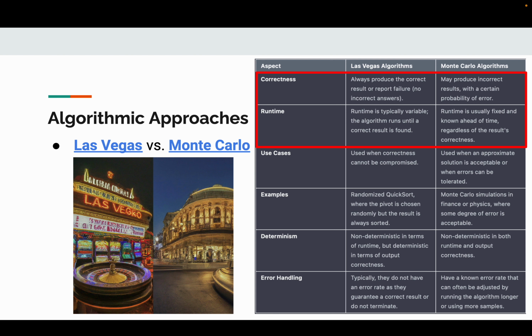On the other hand, Monte Carlo algorithms are akin to a gambler who takes a calculated risk, accepting a known chance of losing in exchange for a quicker gain. Las Vegas algorithms are preferred when accuracy is non-negotiable, while Monte Carlo algorithms are chosen when speed is crucial and some degree of error is acceptable.